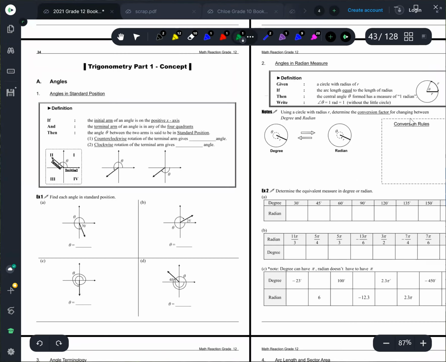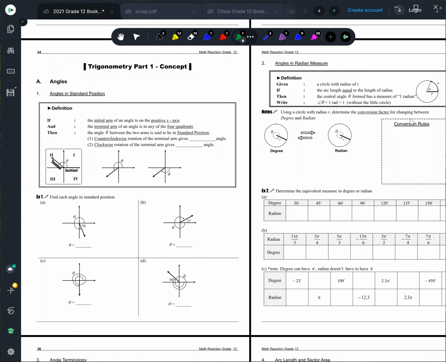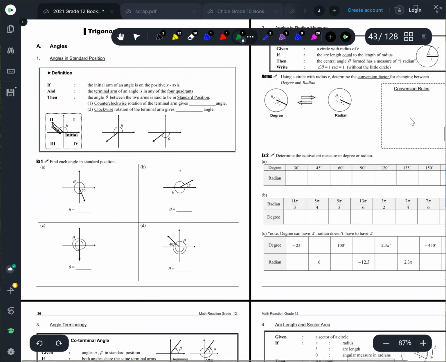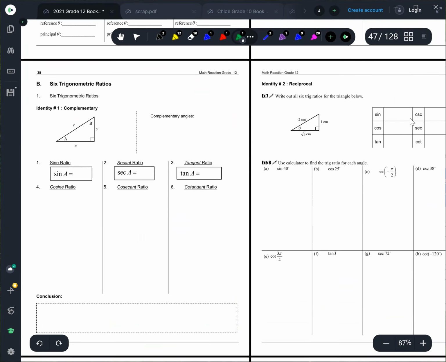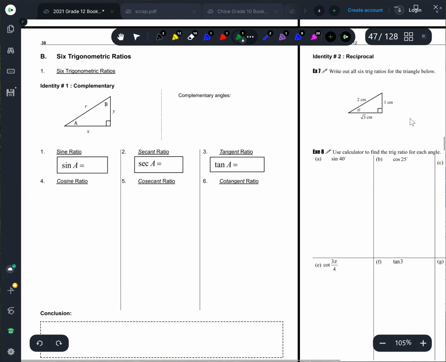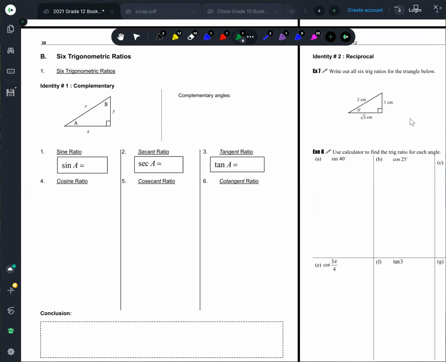In part one, we will talk about angles, okay? How it's being measured, how to draw the angle in the proper ways, right? And then we have trig ratios. So it has to do with the SOHCAHTOA, if you remember from grade 10, sine, cosine, tangent, okay?